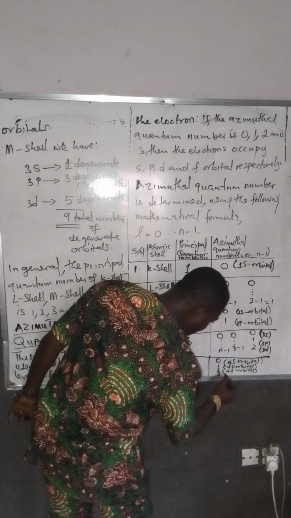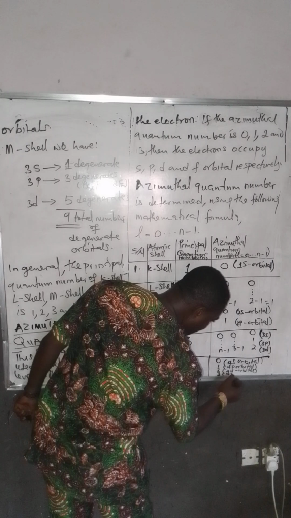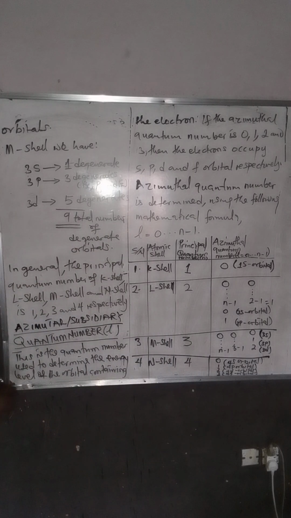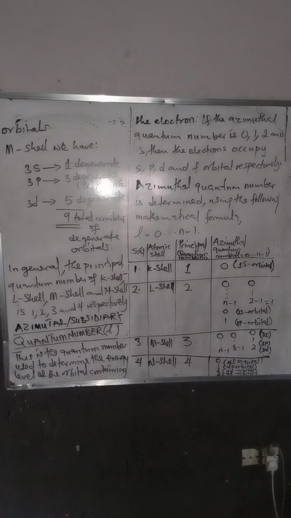And lastly, here you have the 4f orbital. So that is that. We are going to stop here, and in the next video we are going to look at the magnetic quantum number and the spin quantum number. So take note of that.